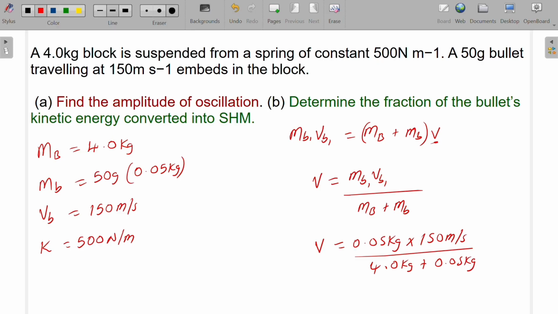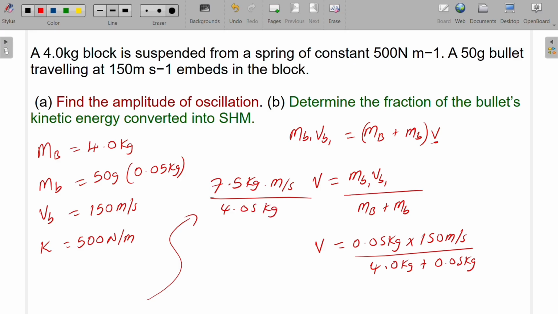So when we do mathematics here, what we are going to find is, let's bring it here. According to my calculator here, on top there I'm getting a 7.5. So I have a 7.5 kgs multiplied by meters per second, like that. And this will divide by, down here, I'm just getting a 4.05 kgs.